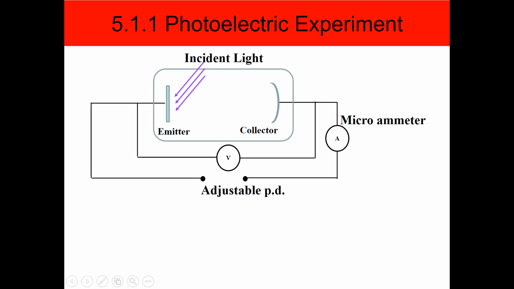In previous years, I drew the setup of how to make this adjustable PD. Okay, but that is confusing because it requires knowledge of DC circuits, which by right you should know, but I'm trying to simplify everything just down to quantum. So as you adjust this PD, this potential difference, this voltmeter here will measure that potential difference.